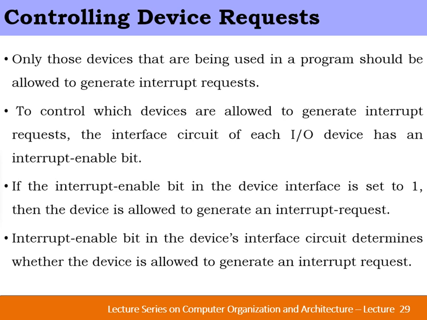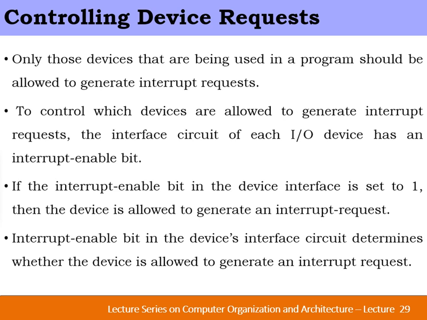The other devices, which are idle devices, should not be allowed to generate the interrupt request. Even though the IO devices are ready to generate an interrupt request, they should not be allowed to do so.